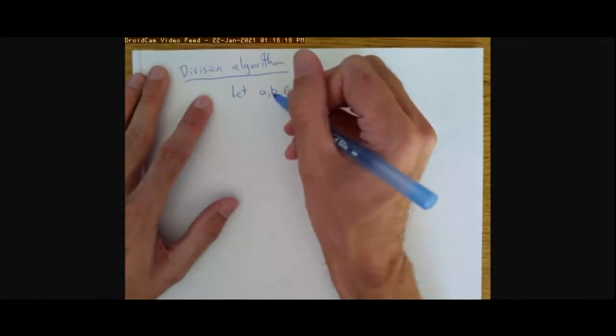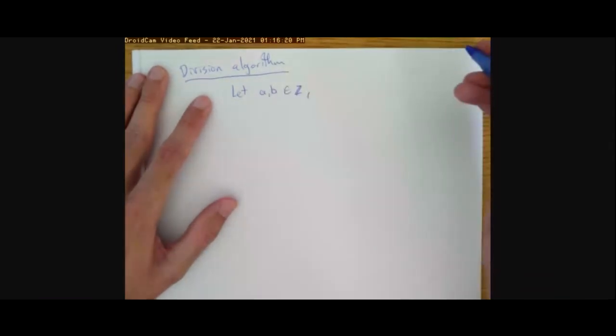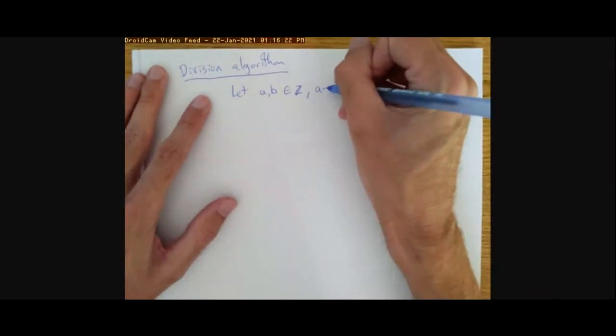Let A, B be integers, and we're going to divide B by A, so A can't be 0.